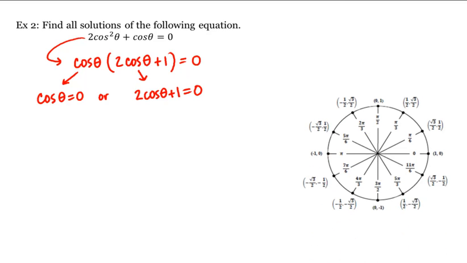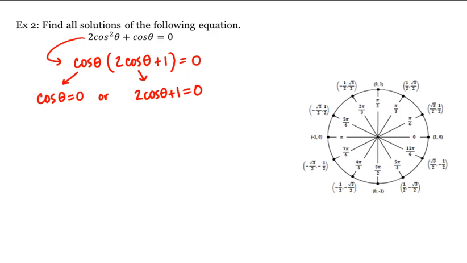Again, thinking of our unit circle and remembering that the cosine of theta is the x-coordinate of the point of intersection of the terminal side of the angle and the unit circle. And we see that up here, the x-coordinate of this point is equal to 0, which corresponds to the angle of pi divided by 2. But also down here, the x-coordinate is also 0, which corresponds to the angle of 3 pi divided by 2.